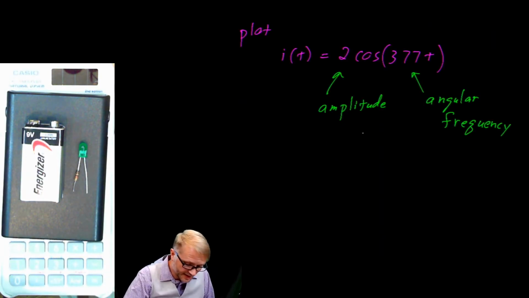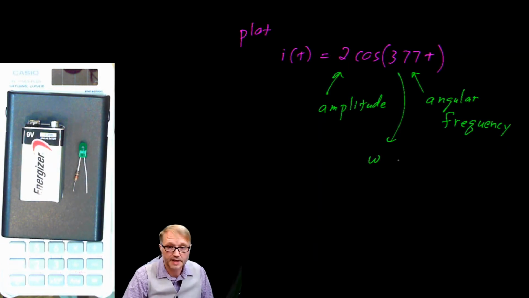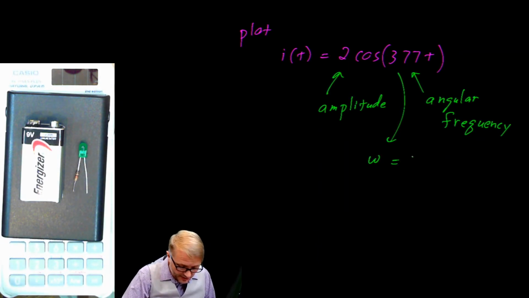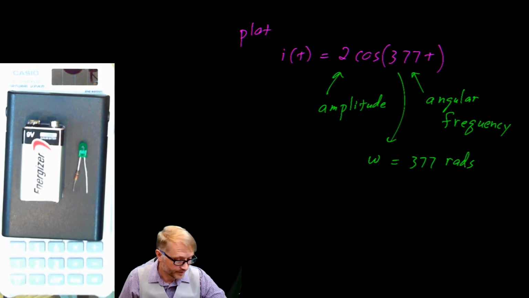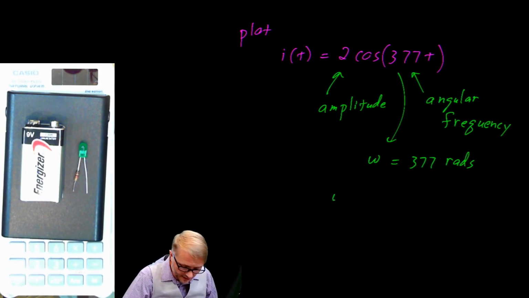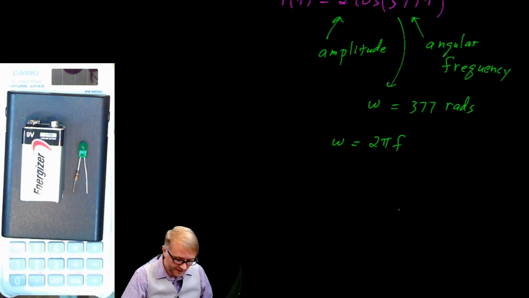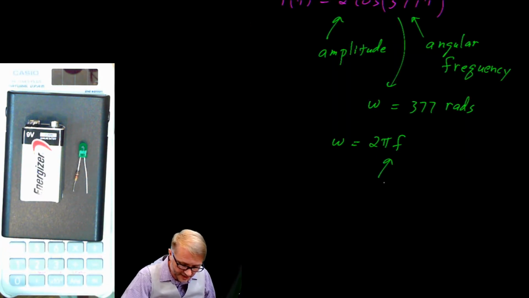You may recall that this term right here is omega. And we describe omega as equal to 377 rads, so radians per second. You may remember that omega is equal to 2 pi f, where f is the frequency in hertz.